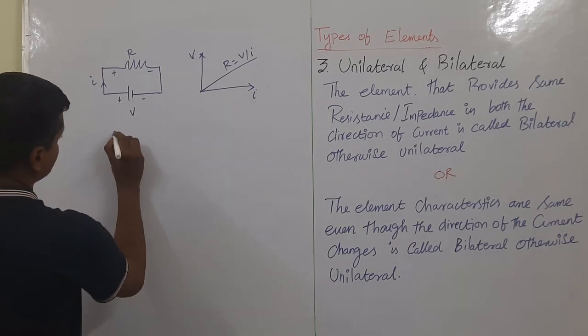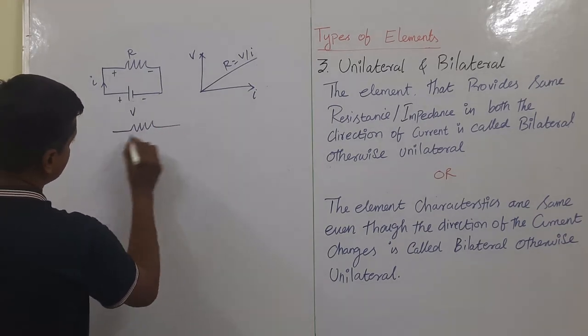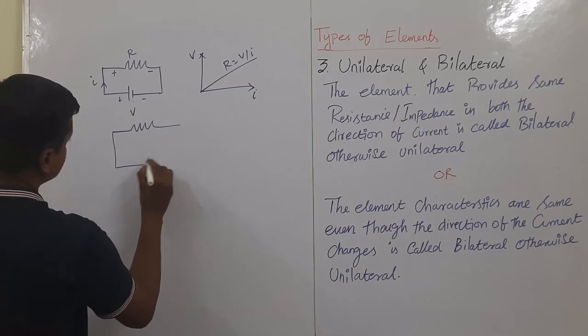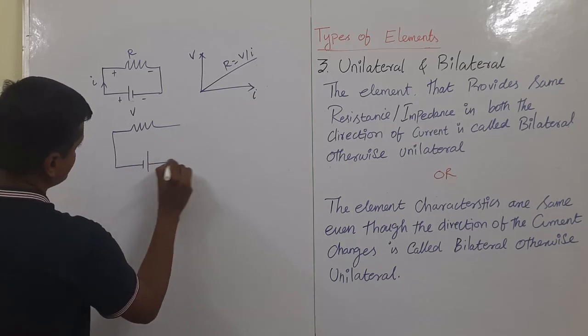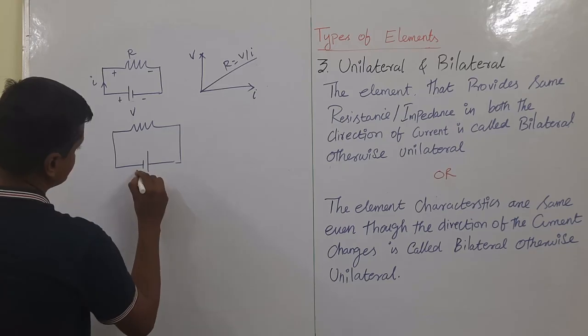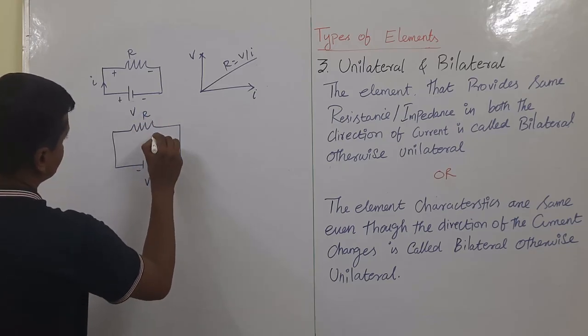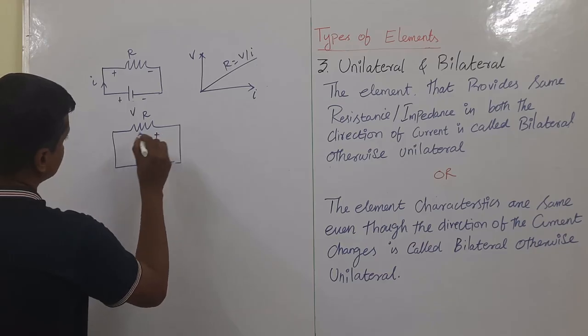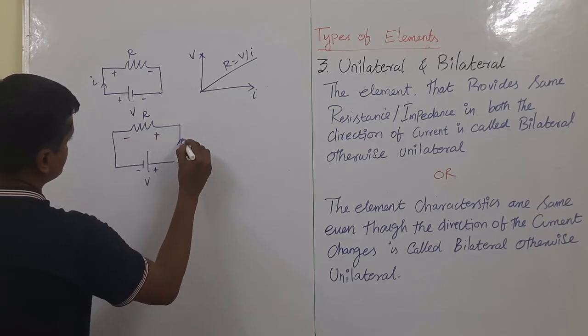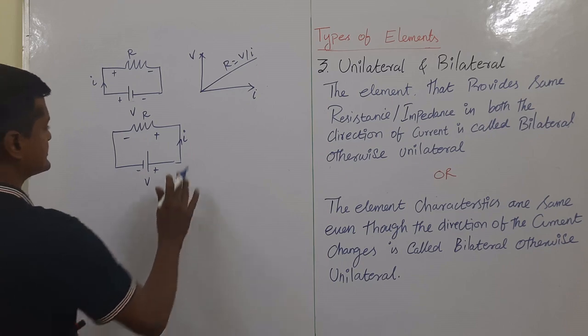Now, changing the direction of the current flow: here is a minus plus voltage source V, resistance R, here this is plus and this is minus. So current is flowing in this direction.